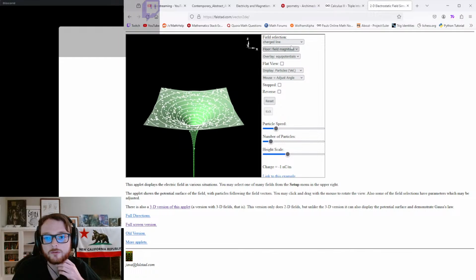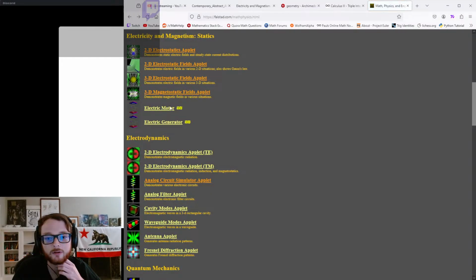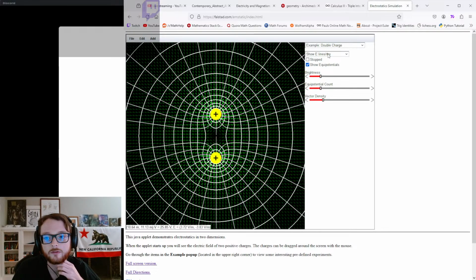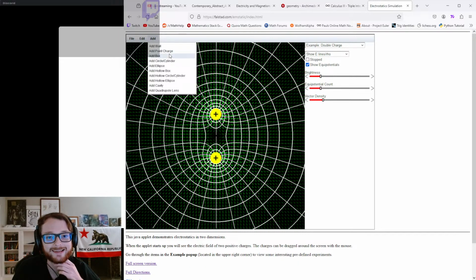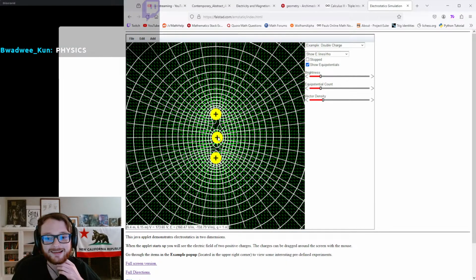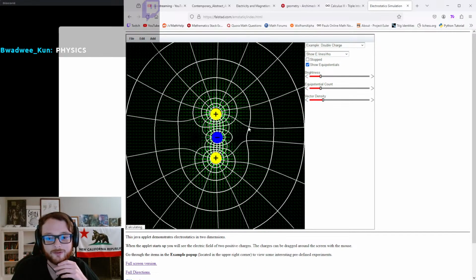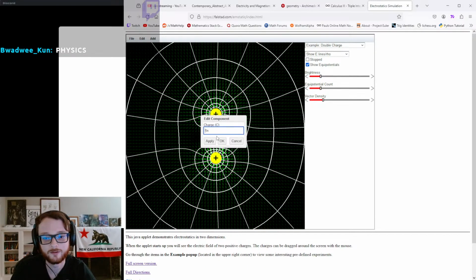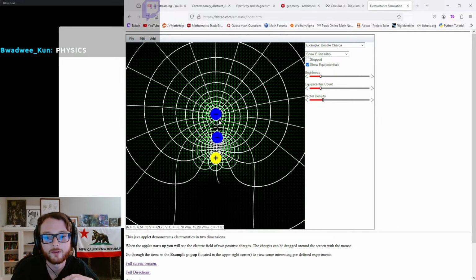Okay, that looks like something. Show equipotentials. We need another charge. How do you toggle the charge of this thing? Edit. Minus. Okay.